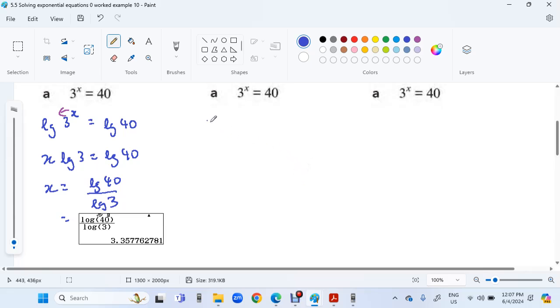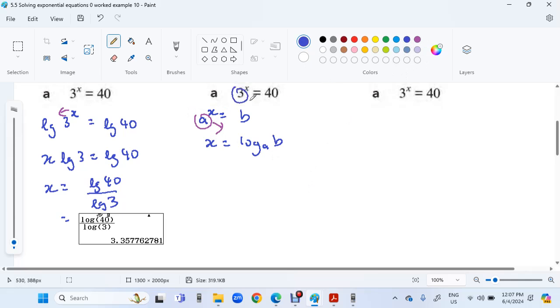Then the second method is when we have a to the power x equal to b, then x will be log base a of b.